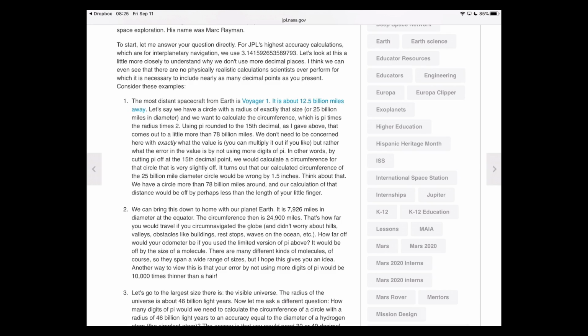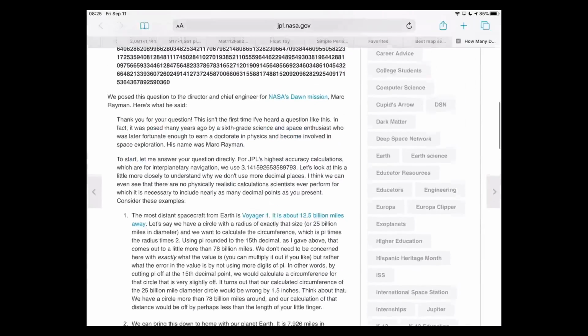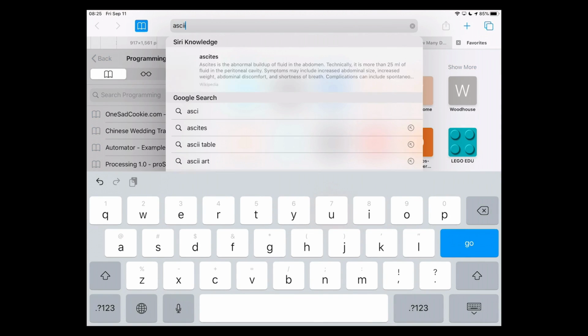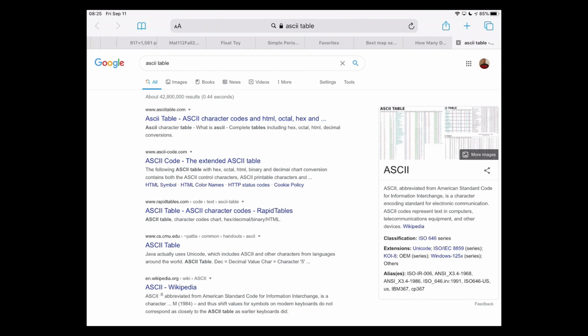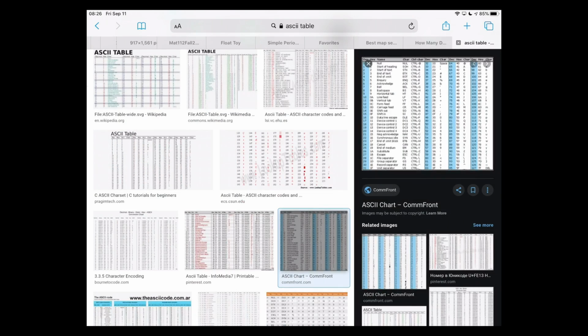So the original standard for this, let's just open up here. It's called ASCII, and let me pull up a table for this.